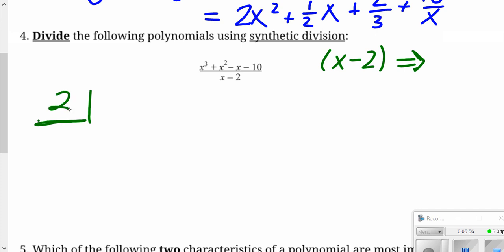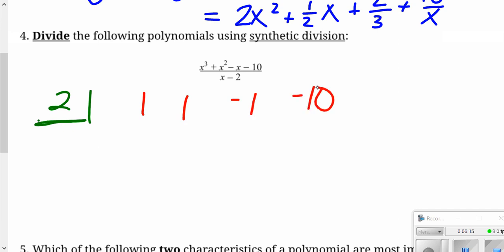Now, I don't know if x minus 2 is going to be a factor or not, but if it were, x minus 2 would be my factor. Okay, 2 is the thing that goes in the skybox. Then we're going to put our coefficients out. So 1, 1, -1, -10. Everything was covered to the third, to the second, to the first, no x. So I don't need to insert a 0.